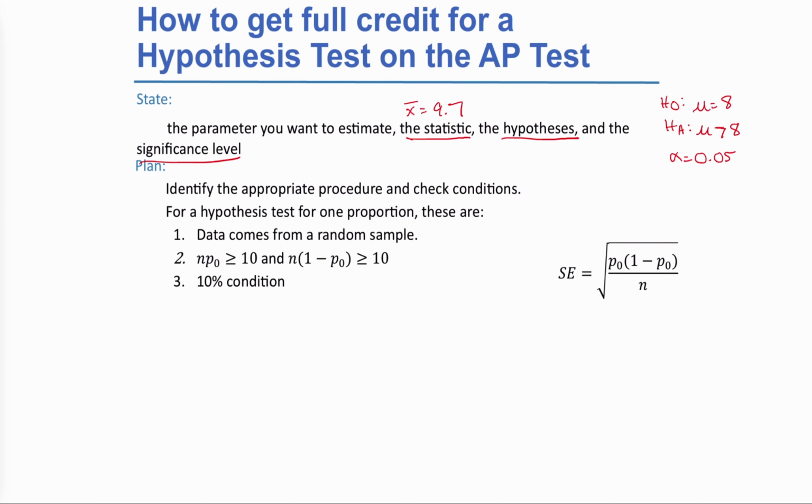Plan. Identify the procedure and check the conditions. This is the same as with the confidence interval. The one that we just did with the colleges is a one sample t-test.